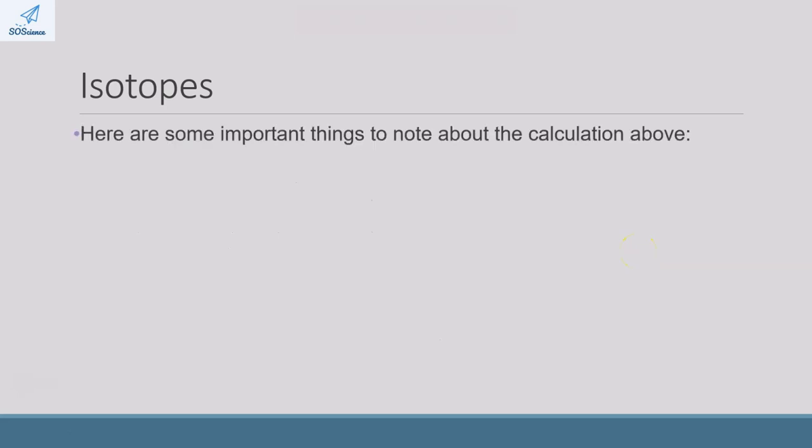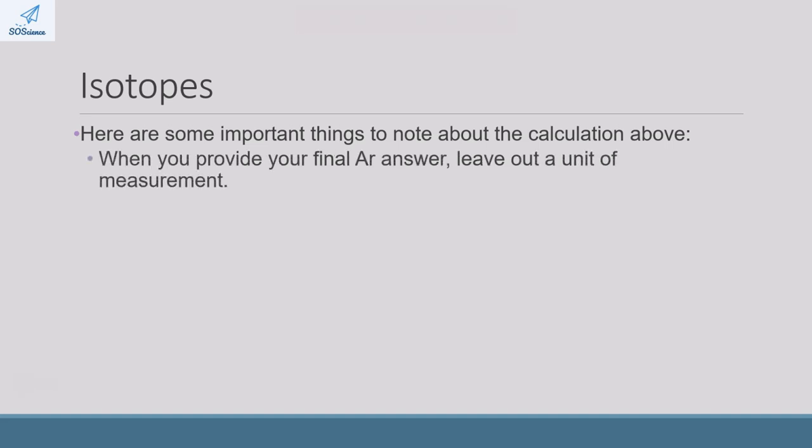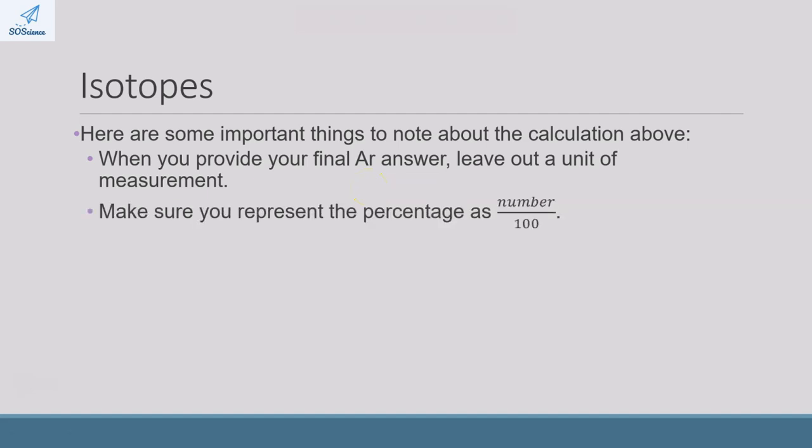So here are some important things that we need to note about this calculation. When you provide your final answer of Ar, which is your relative atomic mass, leave out the unit of measurement.